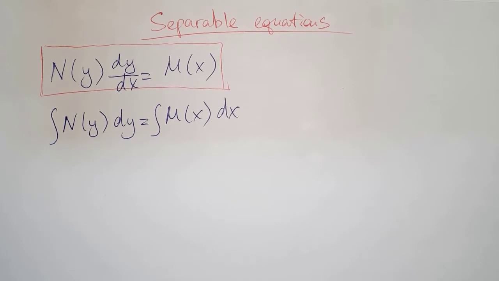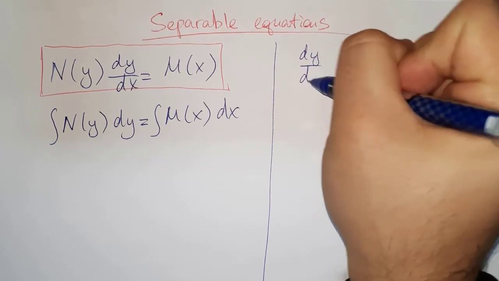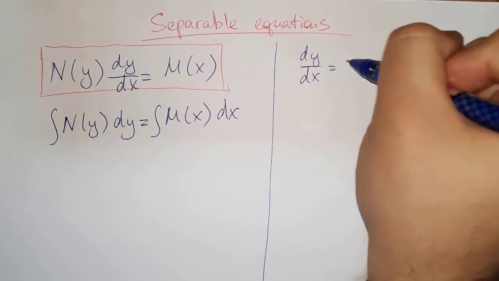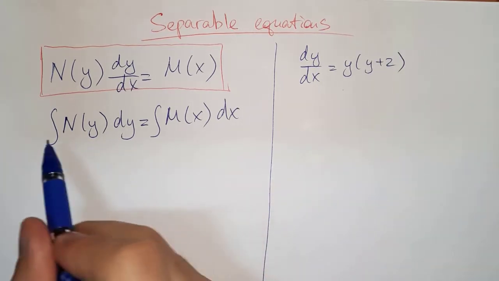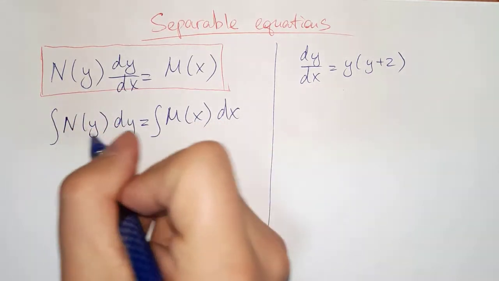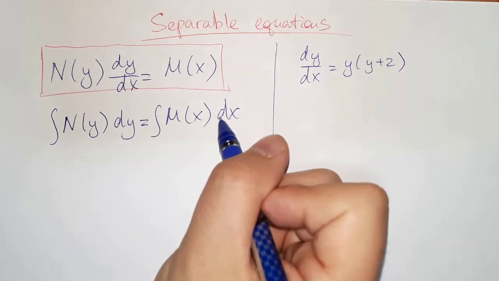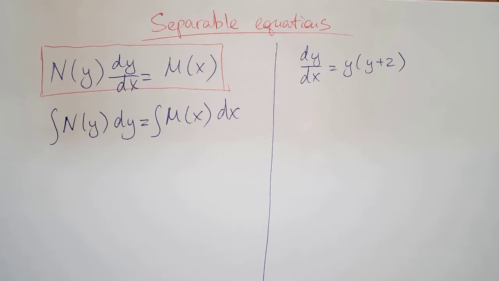So, for example, let me write the first example: dy over dx equals y plus 2. After integrating, we'll get the primitive of n function, and the primitive of m plus a constant. So now let's solve this example using this method.